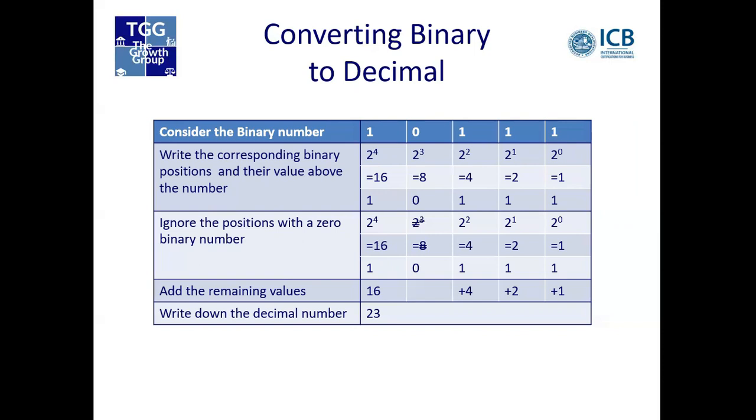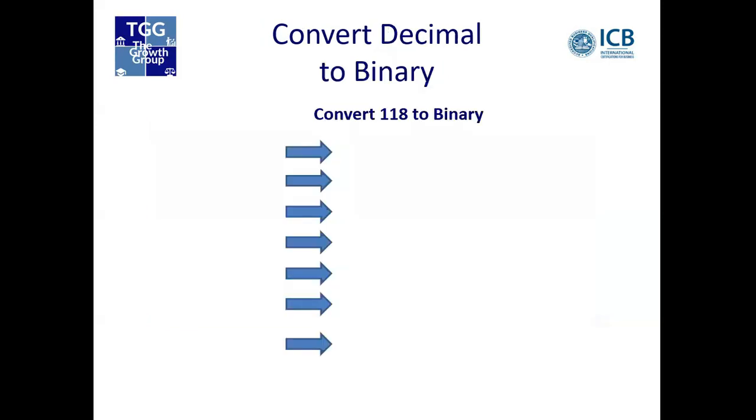Okay, that's how easy it is. Similarly, it is as easy to convert a decimal number to a binary number. So this is how we do it. Convert a decimal number to a binary number, and I've given you a number there, 118. Every time we are going to divide by 2. So we say 118 divided by 2 is 59 on the dot.